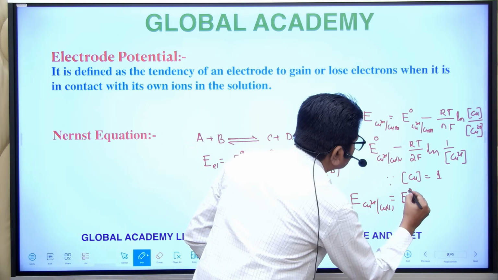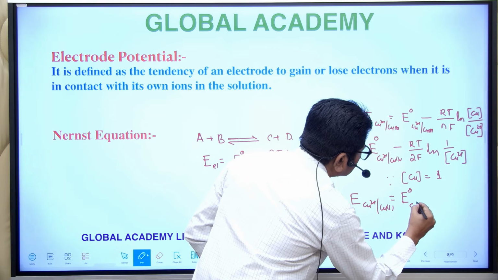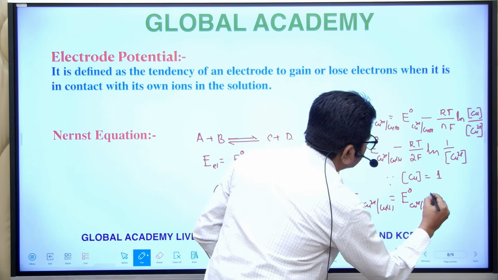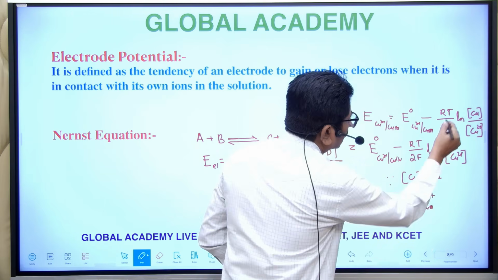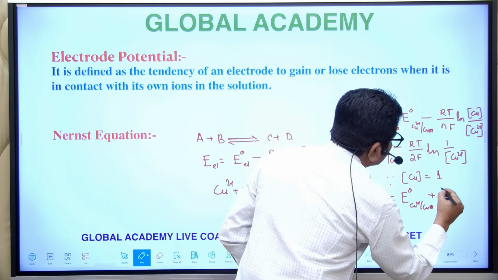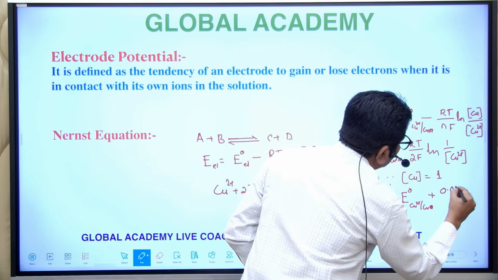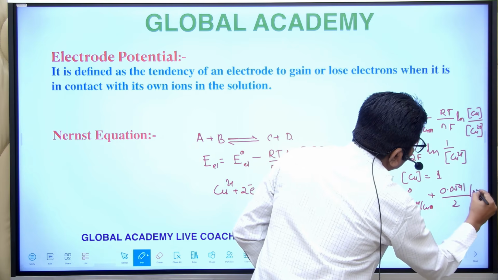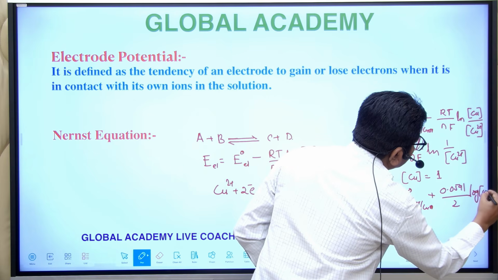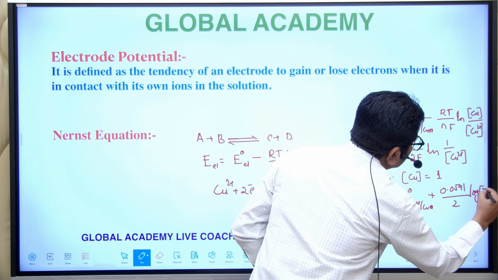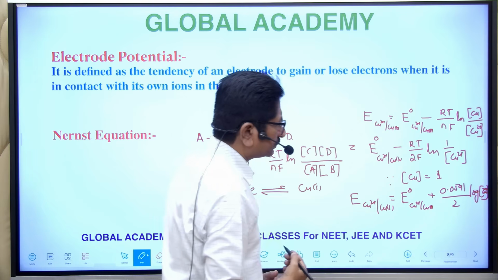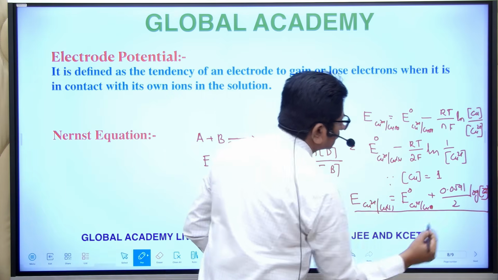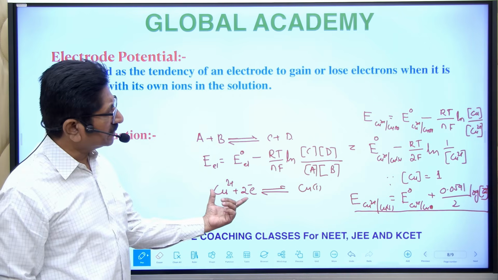So this is what is called the Nernst equation for this reaction.